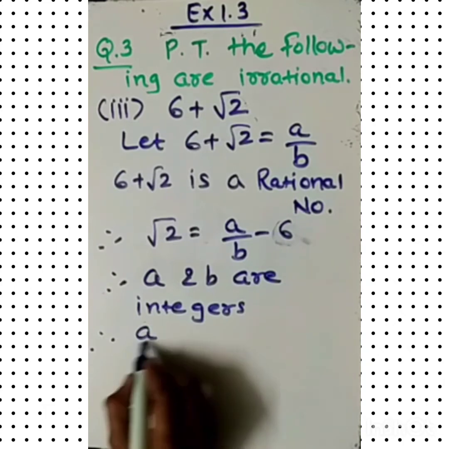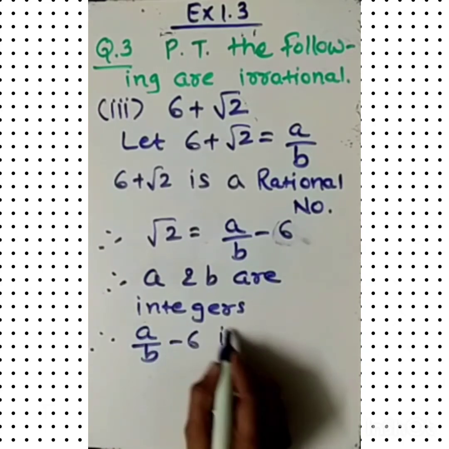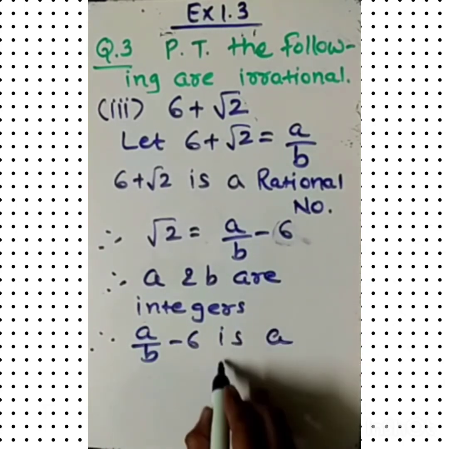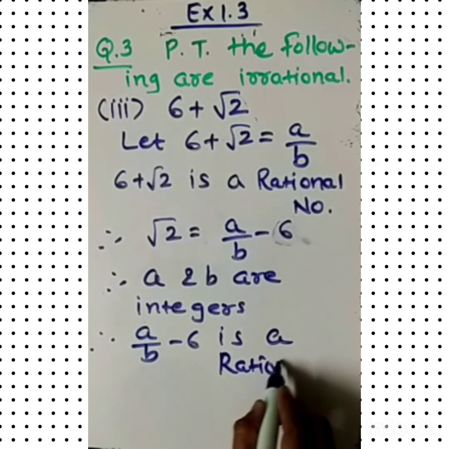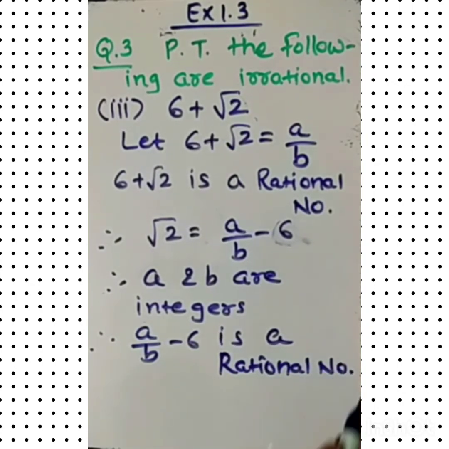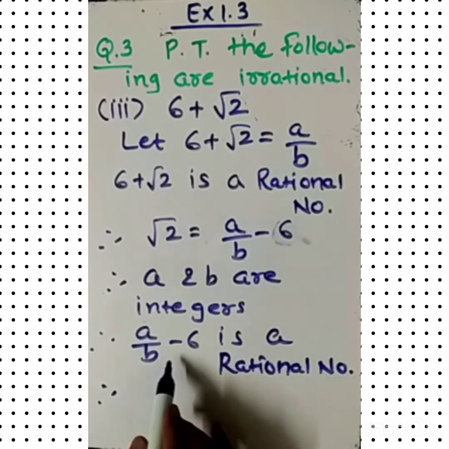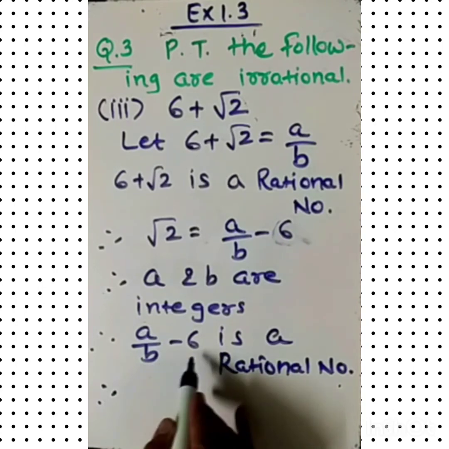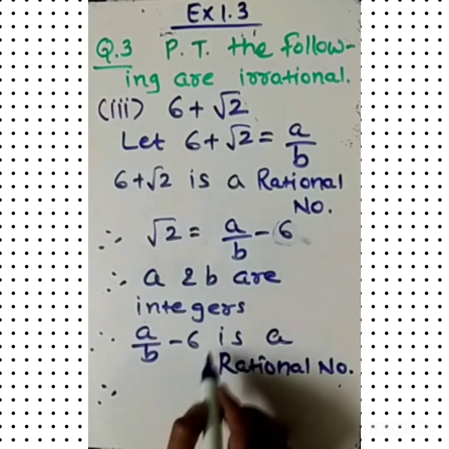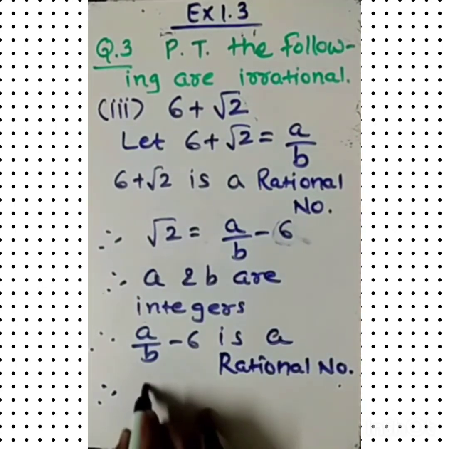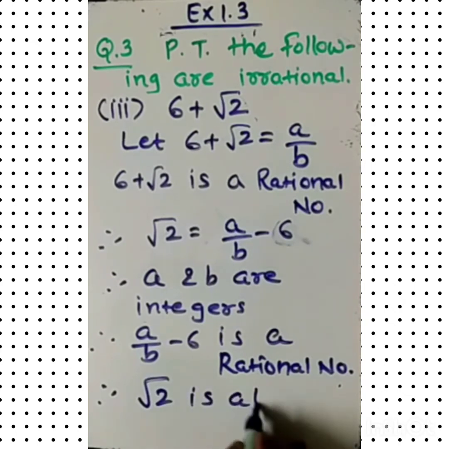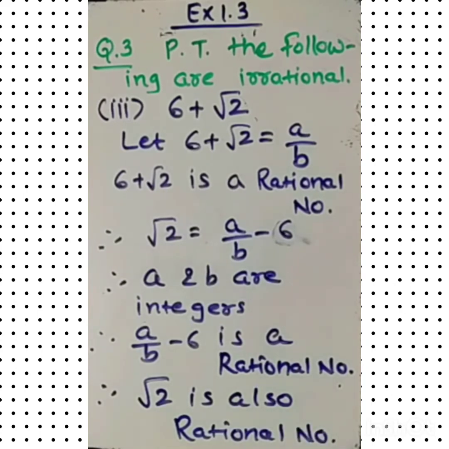Therefore, a by b minus 6 is a rational number. Therefore, this is a rational number. So the LHS is a rational number. So this is the RHS, sorry. So root 2 is also a rational number. Clear up to here?